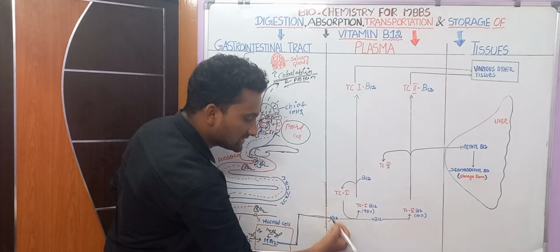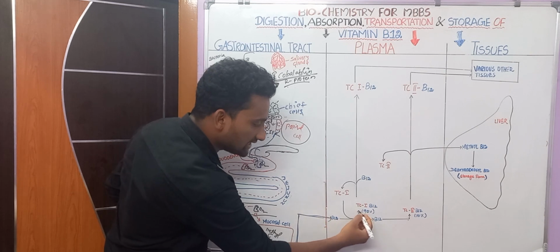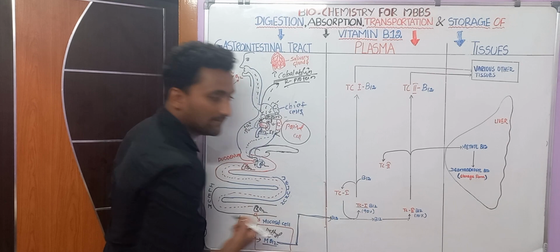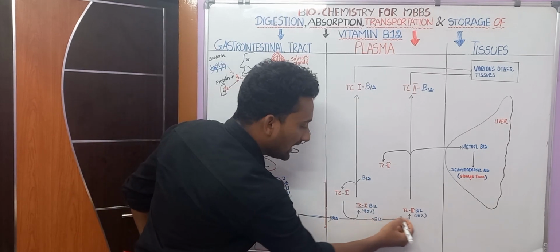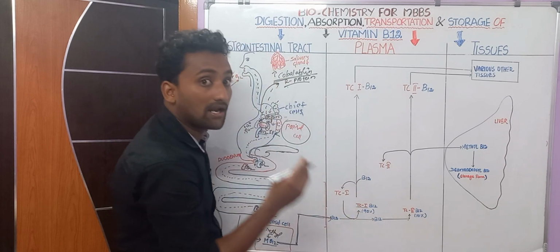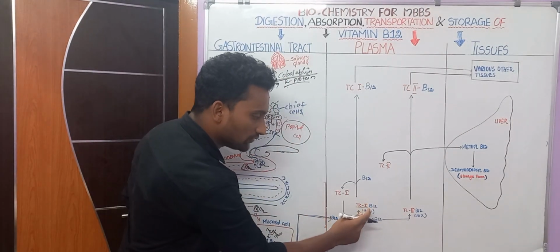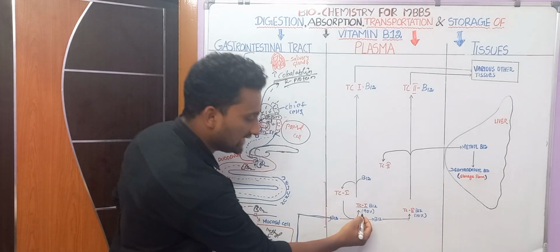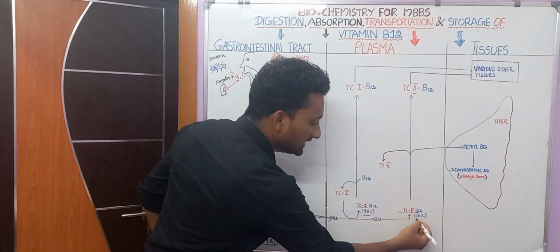So if you take 100% B12, among 100%, 90% will be in bound form with transcobalamin 1 and the rest 10% will go straight and bind with transcobalamin 2. Transcobalamin 1 B12 is 90% and transcobalamin 2 B12 is 10%.